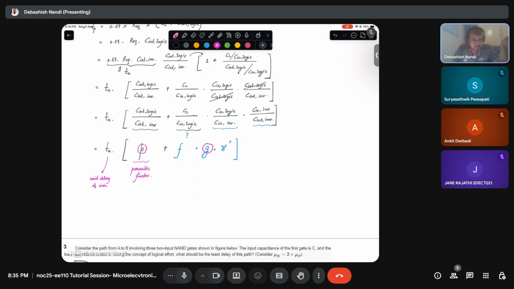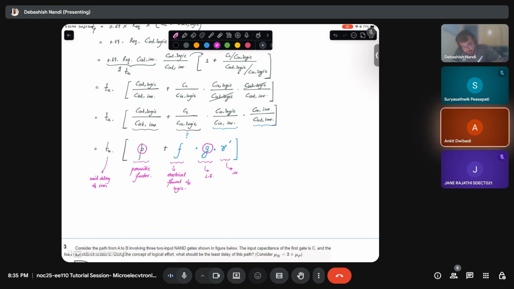Okay, if we know the electrical fan out of logic, G is logical effort, and what is gamma? Self-loading factor.